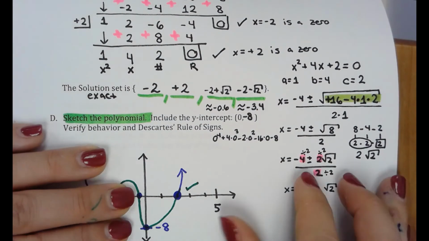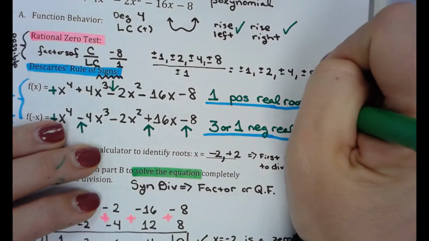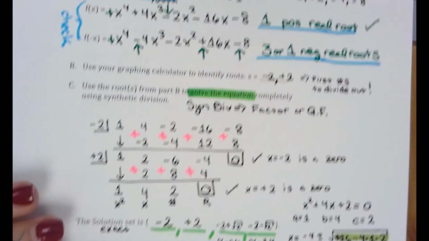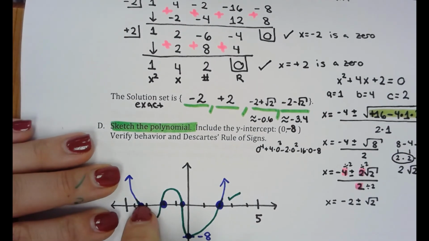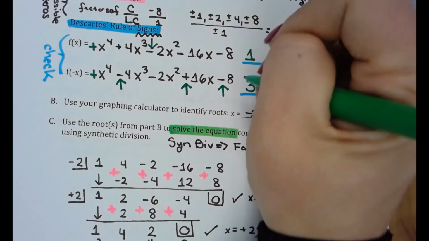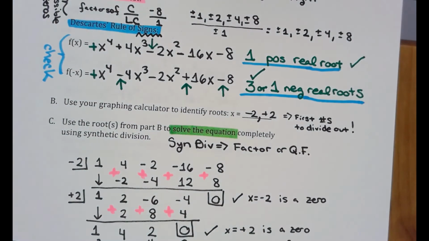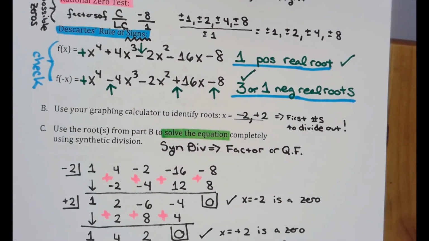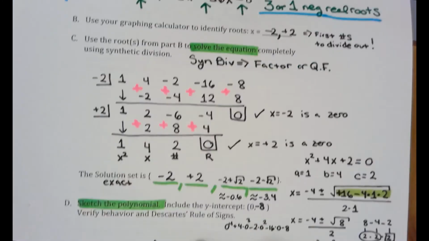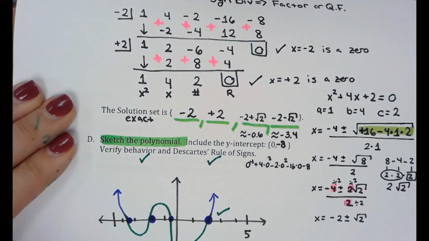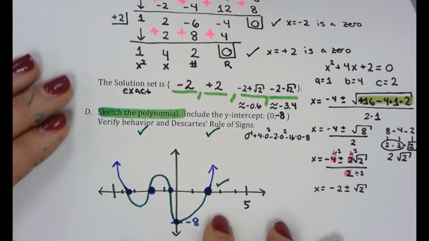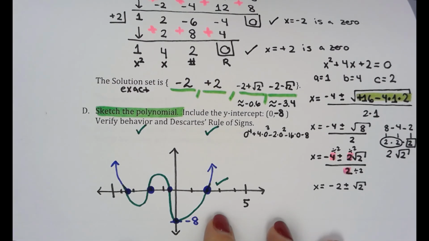So that verifies what Descartes says, only one positive answer, and 1, 2, 3 negative answers. It picks up right here, 3 negative answers for Descartes. So I have verified both the behavior and the rule of signs, just as a quick check of my final graph. More for our own sanity.